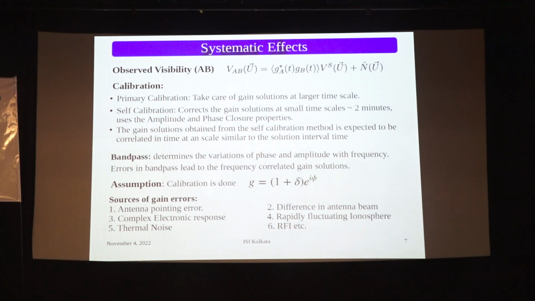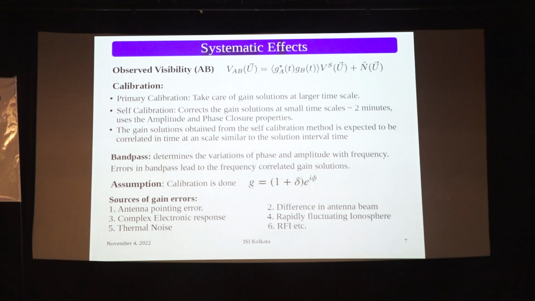Here we haven't shown the dependence on frequency, but gains also depend on the frequency. As I mentioned earlier, we assume that calibration has already been done. After the calibration, these antenna based gains can be given as 1 plus some residual component in the amplitude of the gains, and this phi here is the residual phase error.